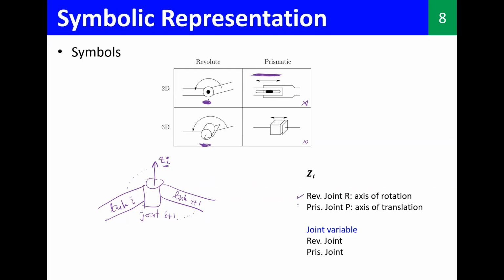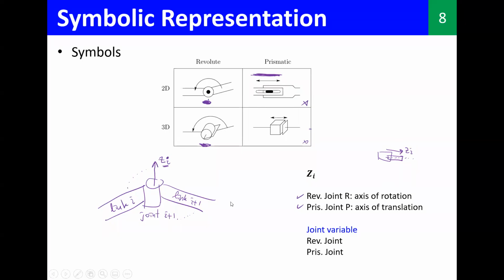But if it is a prismatic joint, something like this, then it gives us the axis of translation, right? So if we have something like this, now this is going to be our Z i, the direction where it translates. Okay.